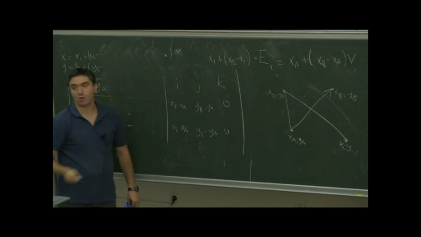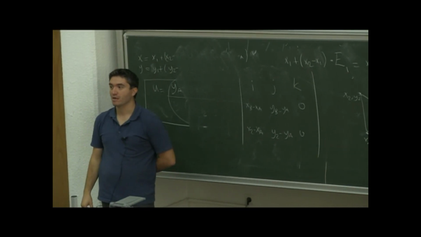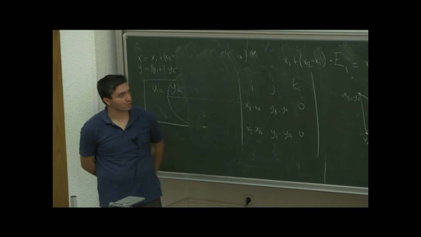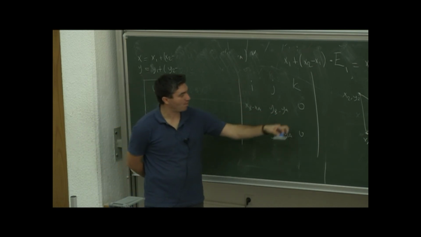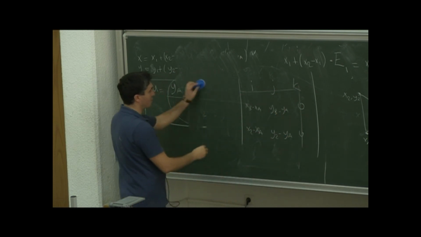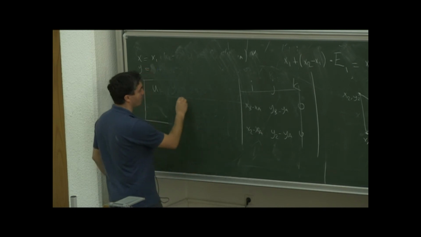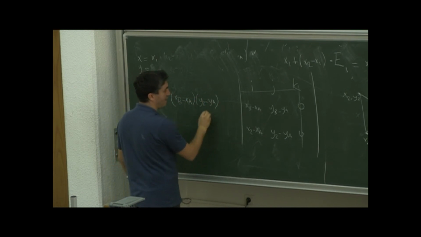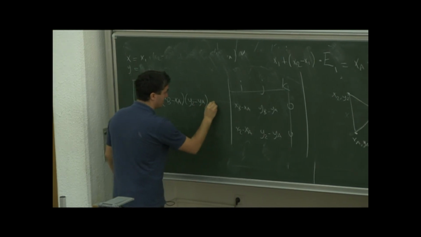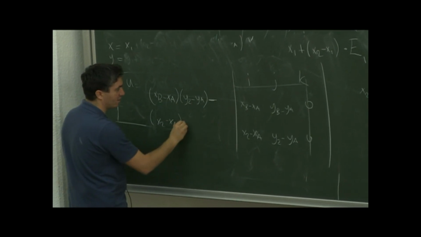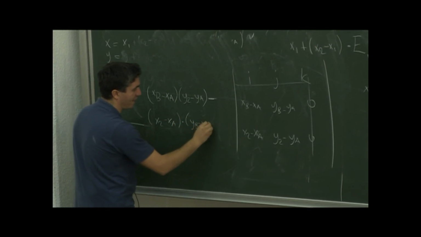I know that the i and j components are going to be 0, since I'm computing the cross product of two-dimensional vectors. The only component that is not 0 is going to be this. And the cross product is actually equal to xb minus xa times y2 minus ya, minus x2 minus xa times yb minus ya.